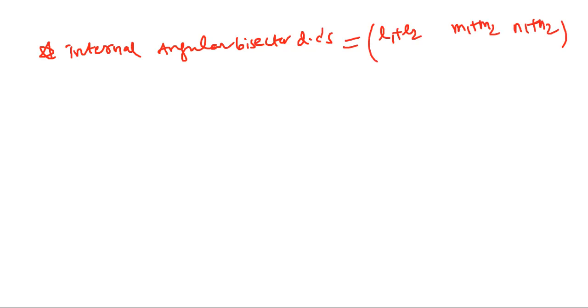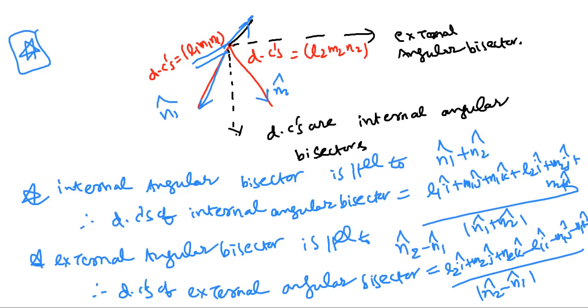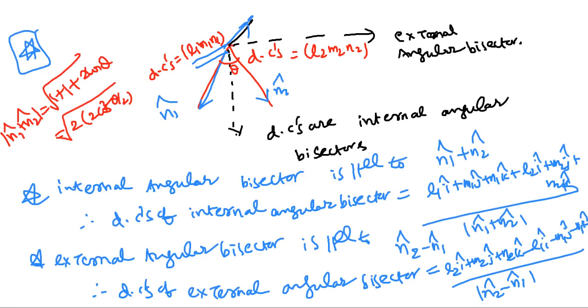The denominator, mod of N1 cap plus N2 cap, is root over magnitude square 1, magnitude square 1, and with the angle between them being theta, plus 2 cos theta. So 2 plus 2 cos theta is 2 into 1 plus cos theta, which is 2 cos square theta by 2, and under root that is 2 cos theta by 2.